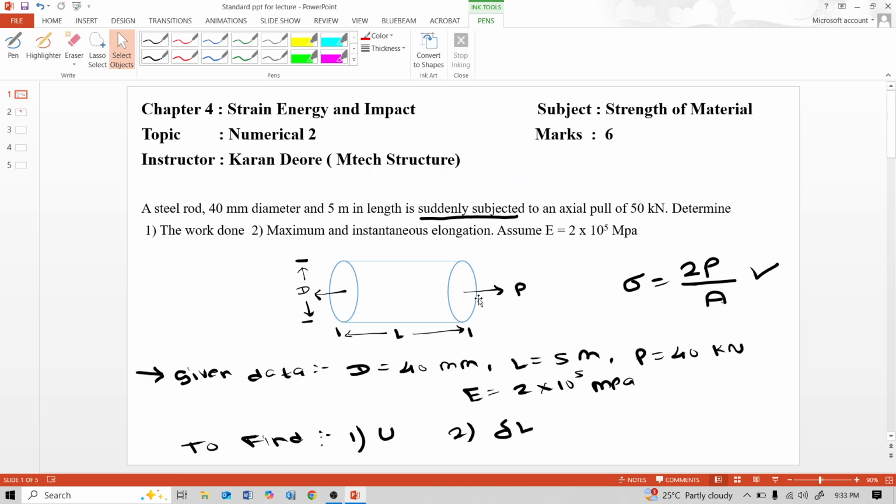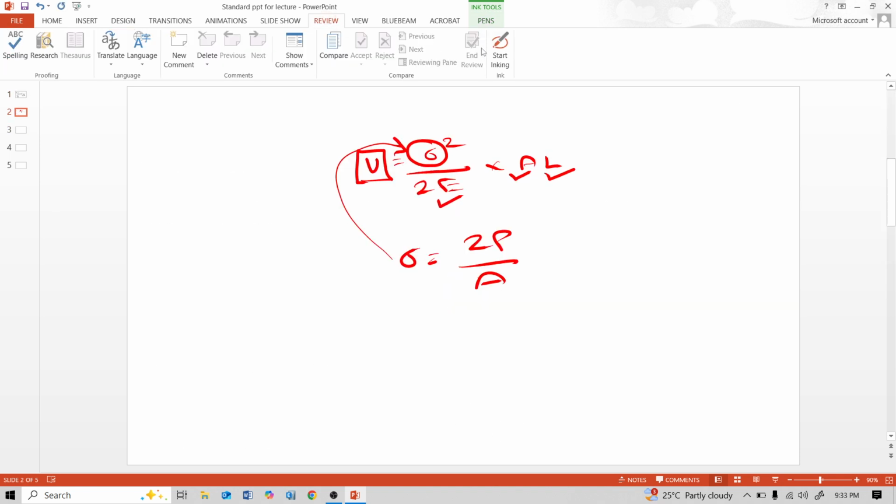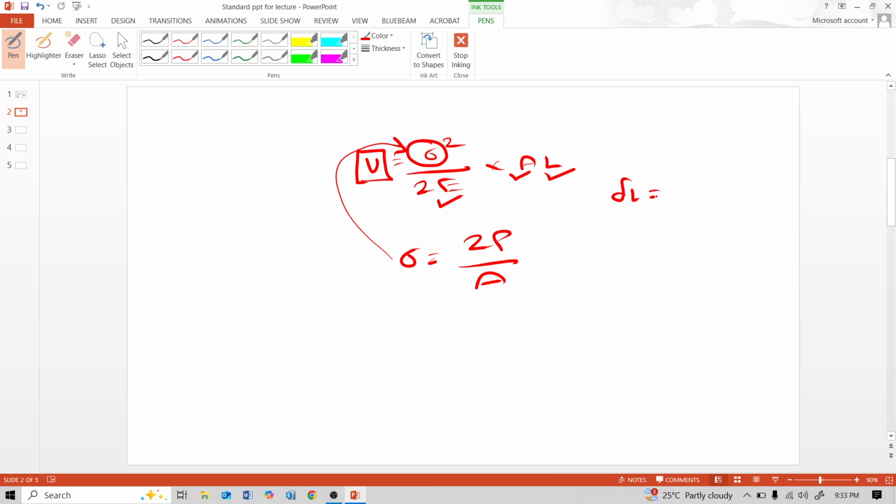And second is delta L, and the delta L formula is straightforward. Delta L is equal to stress multiplied by length upon modulus of elasticity.